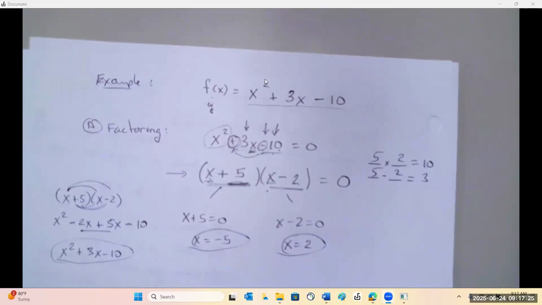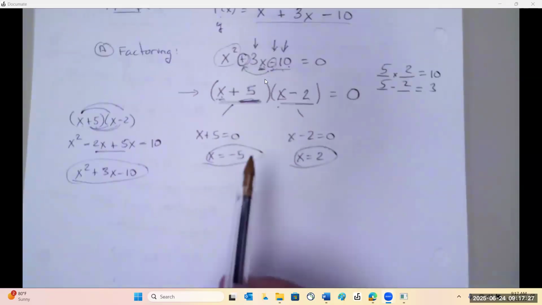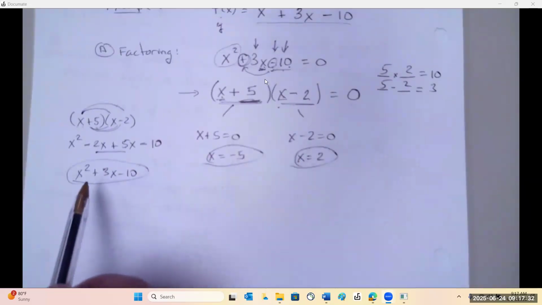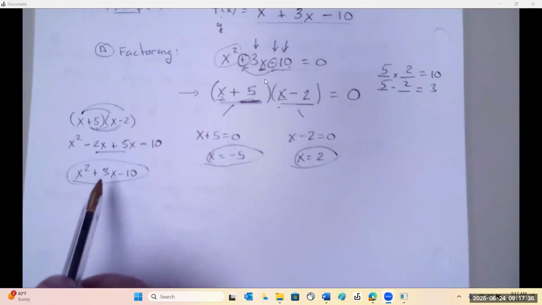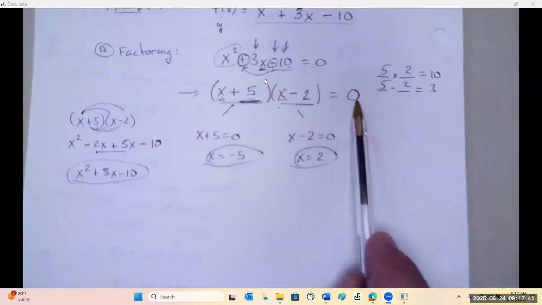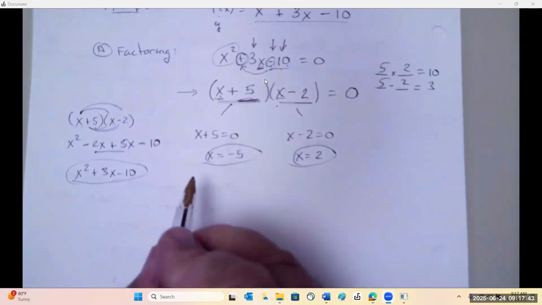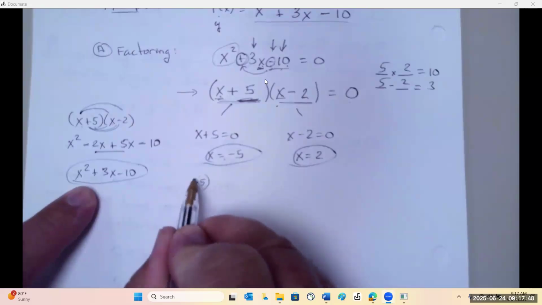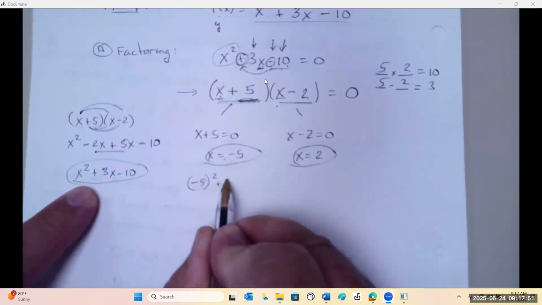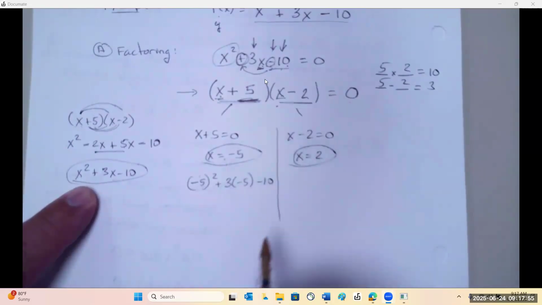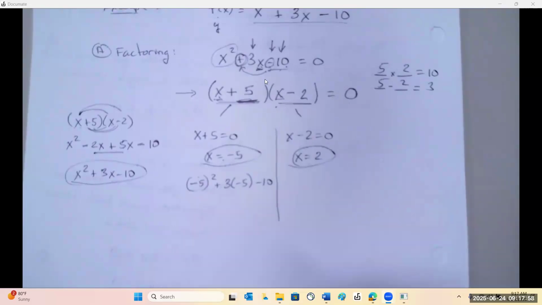Another check is if these are your answers and I plug them into here, what should they equal? Yeah, if I plug these, I put them back in here, they should equal 0. Let's see. So we check them. Let's put -5 in there. So we have -5 squared, 3 times -5 minus 10. What is -5 squared?